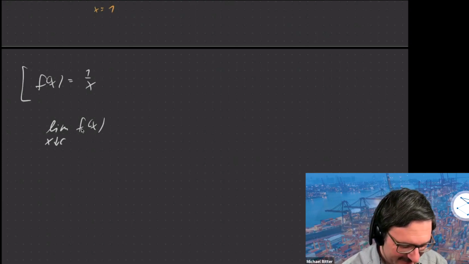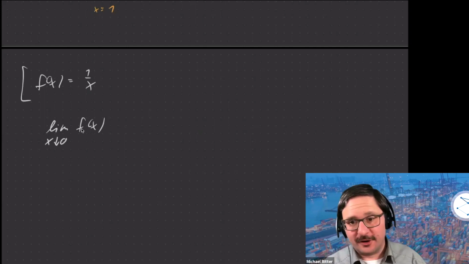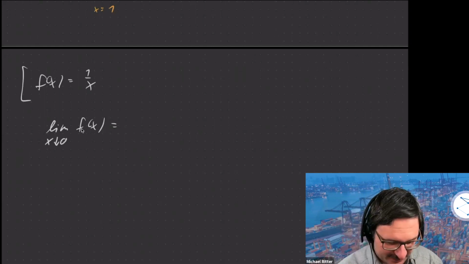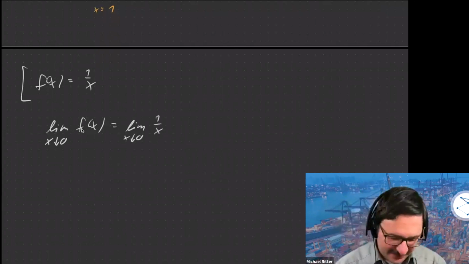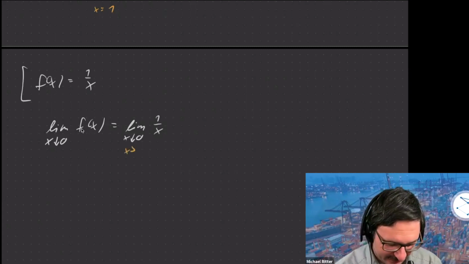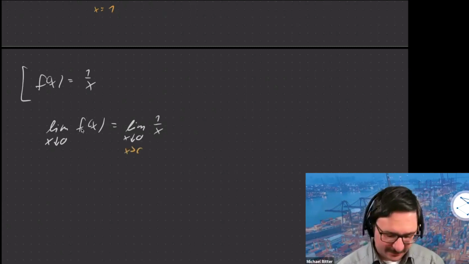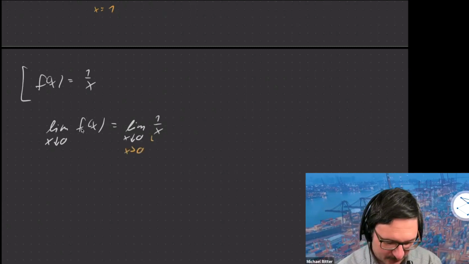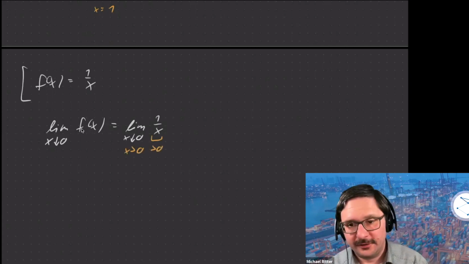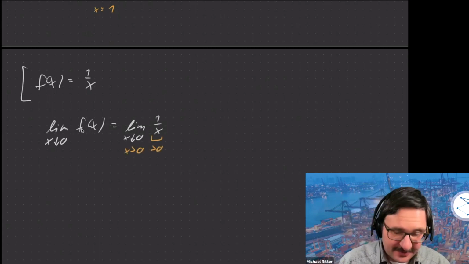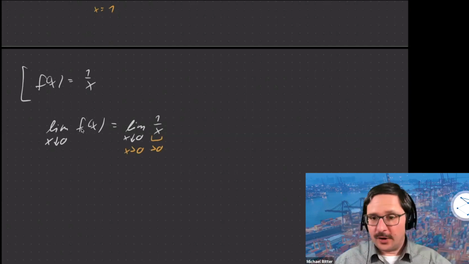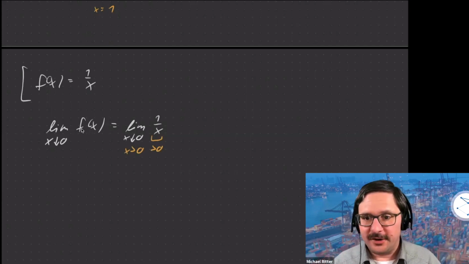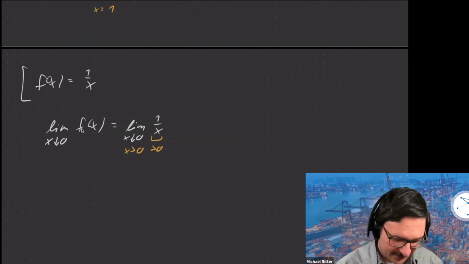So let's discuss the limit as x goes to 0 from above. Then what happens here? We have the limit of 1 over x as x goes to 0 from above. That means, in particular, x is positive, right? If x is positive, then of course 1 over x is also positive. But as x becomes smaller and smaller, this expression 1 over x becomes bigger and bigger, right? Let me write that down.